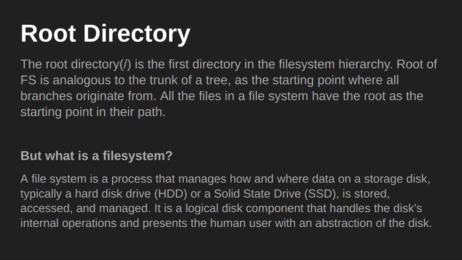Let's see an example. So I will be opening my terminal and show you what I mean by starting point in a path. So here my terminal is ready. Let's go to the root. Cd command is used to change the directory, and cd / here indicates root.